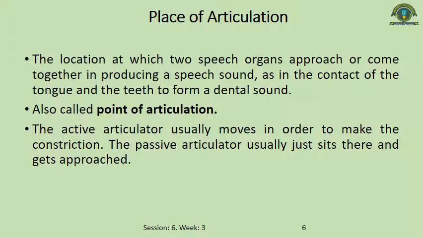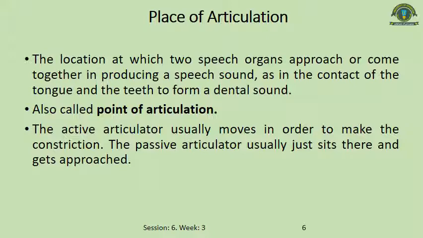That location which I'm talking about, whatever the location of the speech organ or speech organs, that is also called point of articulation. And then the active articulator usually moves in order to make the constriction. Constriction. You must remember this word, because we are going to have a detailed analysis of this word so far as the term is concerned.